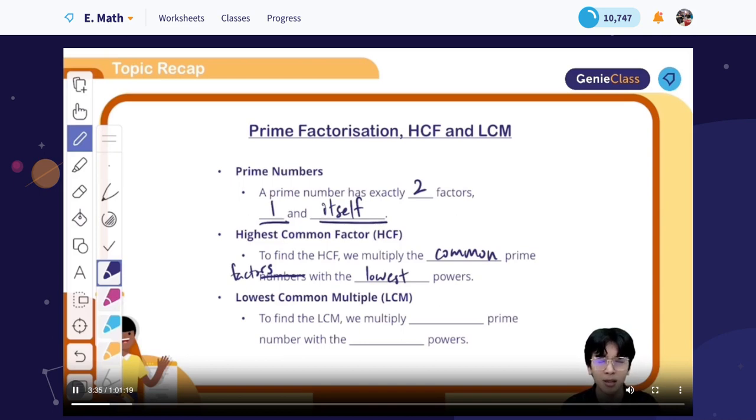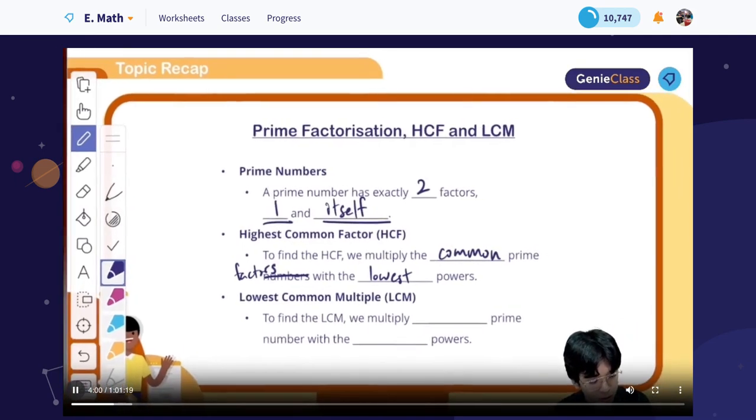Because you are taking the smallest power so that both numbers have that power. If you take the highest power, then the one with the lower power will not have that factor. So you take the lowest powers. To find the lowest common multiple, you want to have a multiple of both numbers.